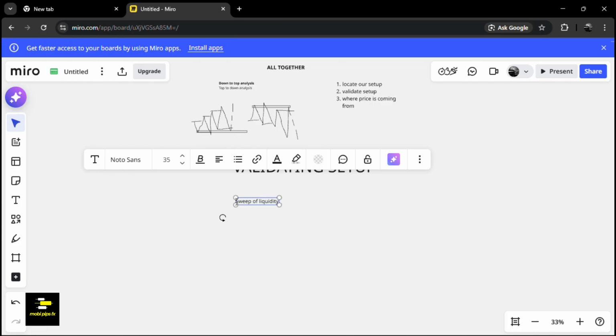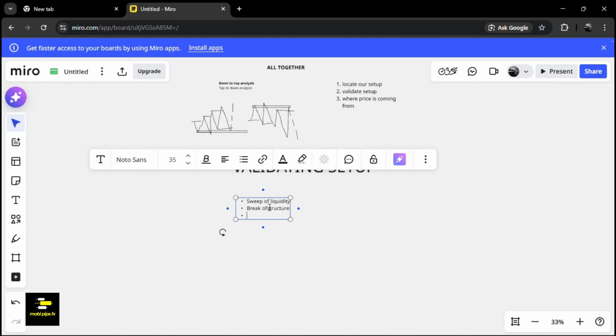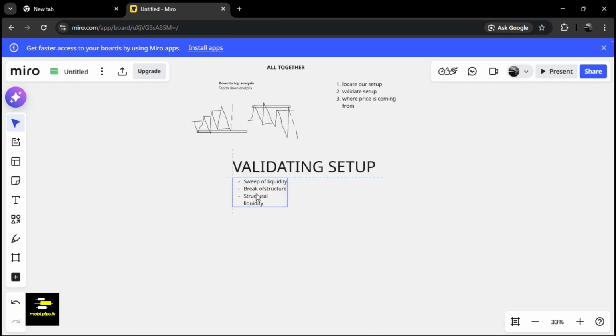One, we look for a sweep of liquidity, a break of structure, and finally structural liquidity. So this is how to validate our setup.